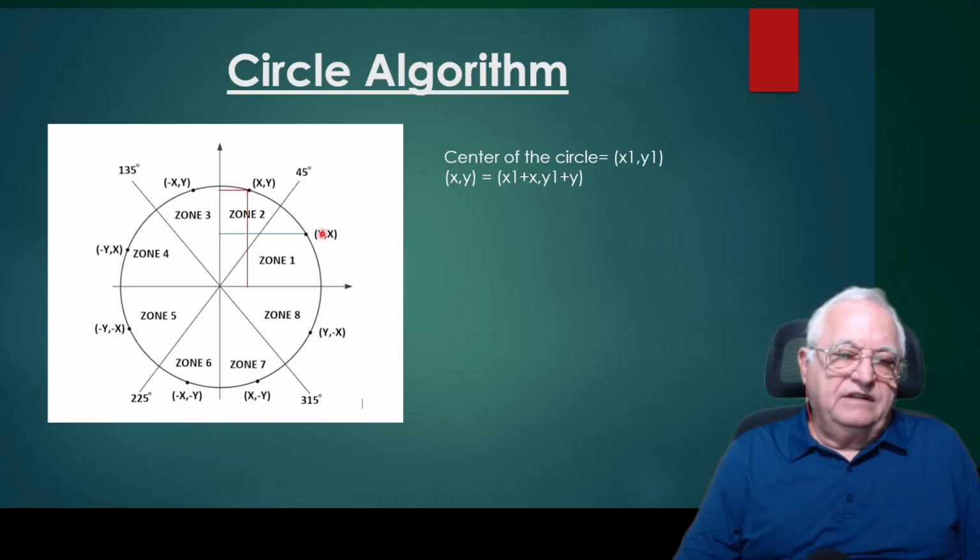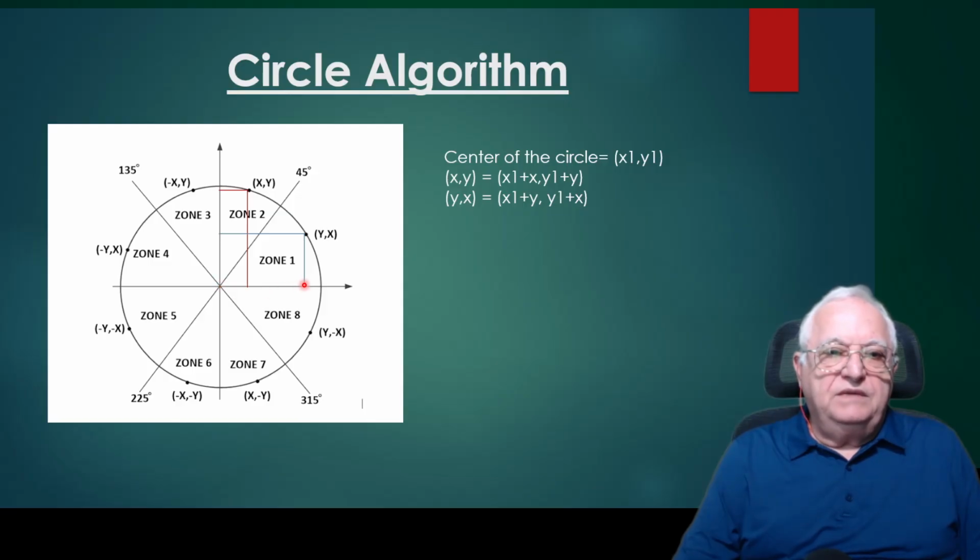Now let's look at the second value, which is going to be y, x. If I want to draw this location here, then it's going to be x1 plus y, which gets me this value here. And the y of this point is going to be equal to y1 plus x.